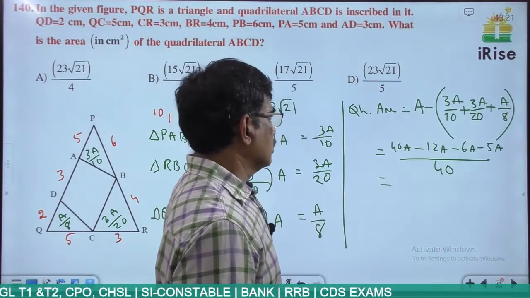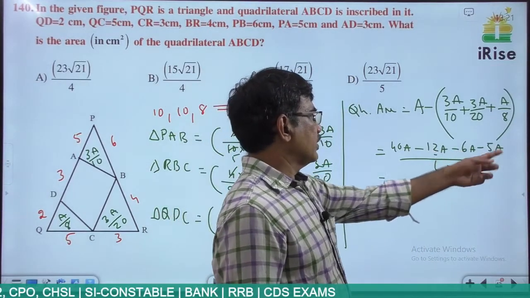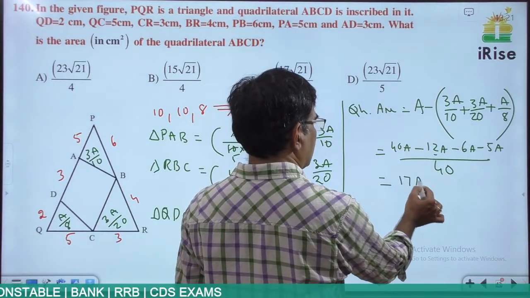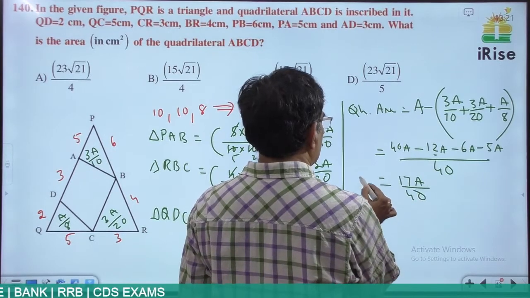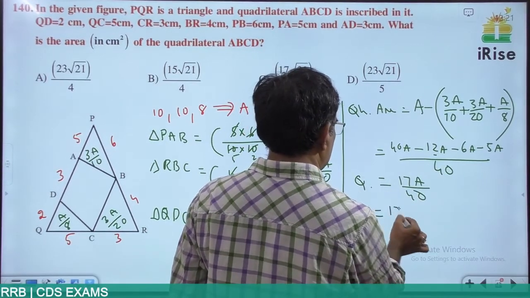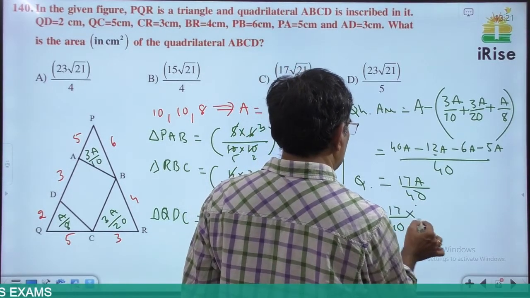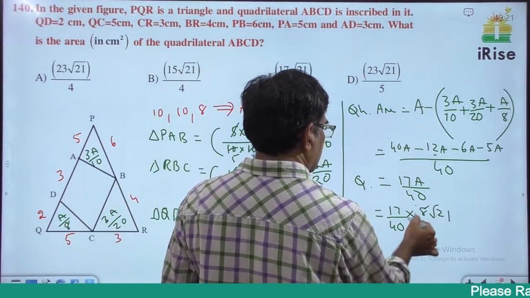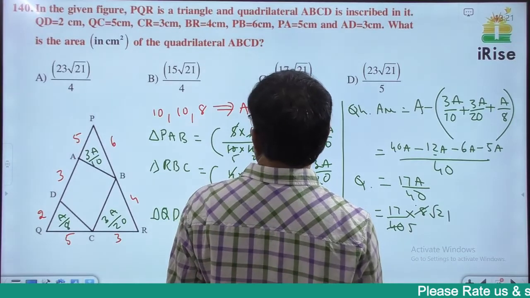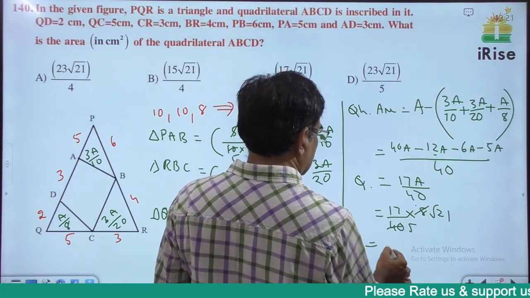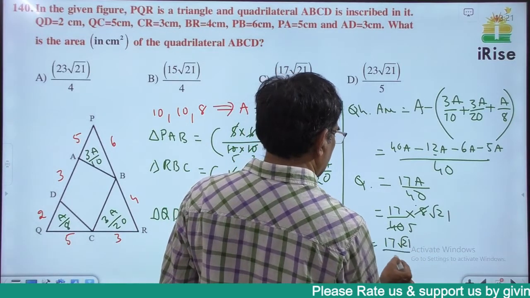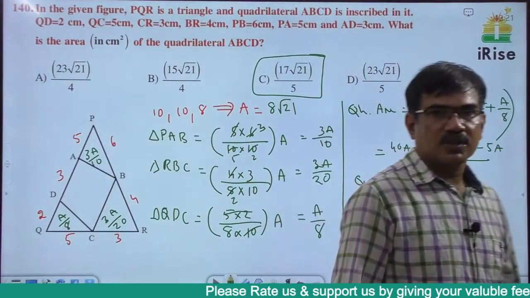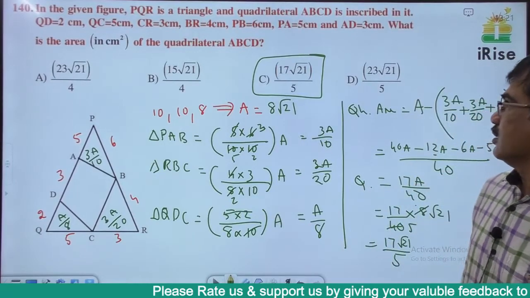This is nothing but 18 plus 5, 23A, 40 minus 23, 17A by 40 is the quadrilateral area, which is 17 by 40 into the area 8 root 21. 8 1s, 8 5's cancel. So 17 root 21 by 5 is the answer.